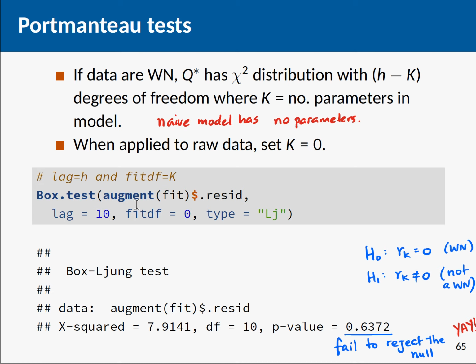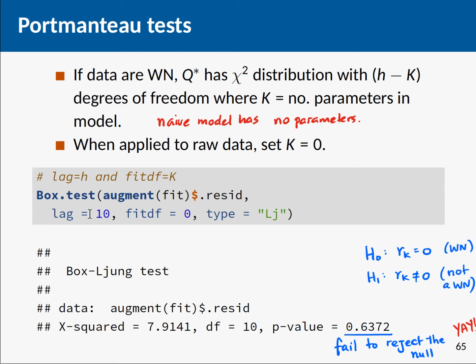The way we write the code in R is that we wrap the box.test function around the residuals, and then we test the residuals. In this case, box.test is wrapped around augment fit, and we are extracting the residuals, which is the last column that we would get if we just had augment on fit.